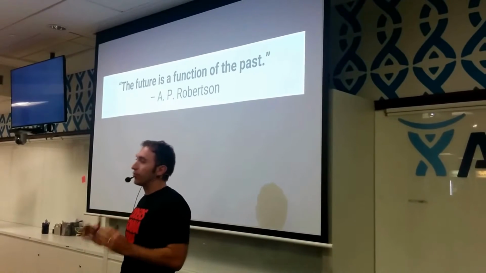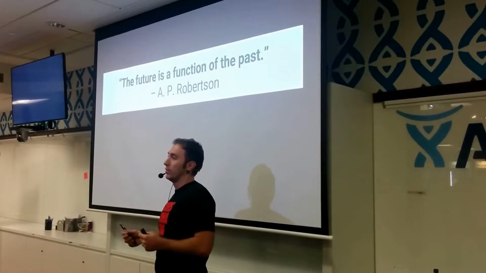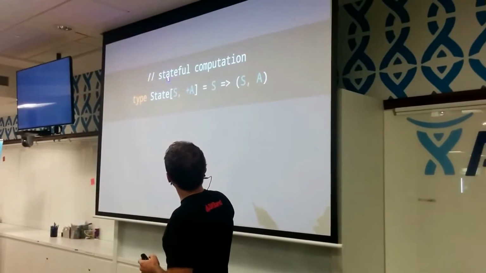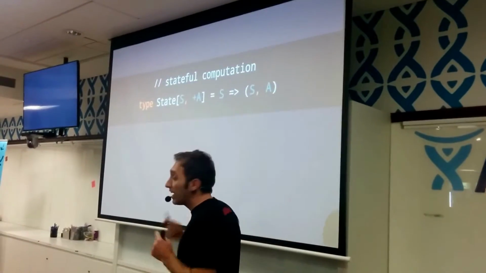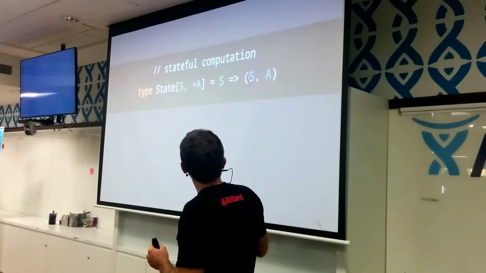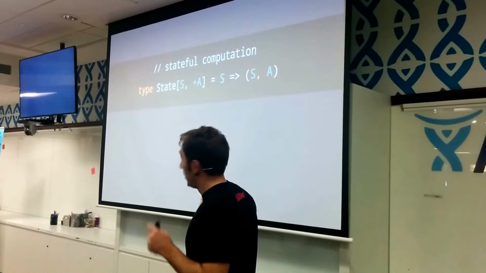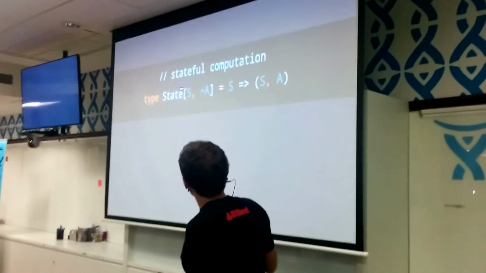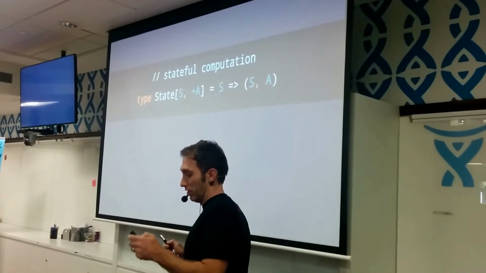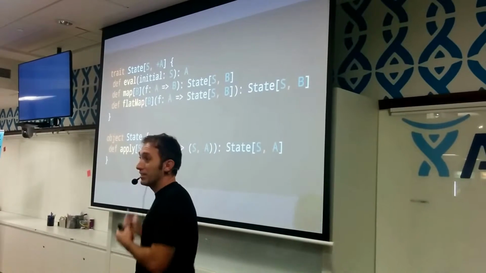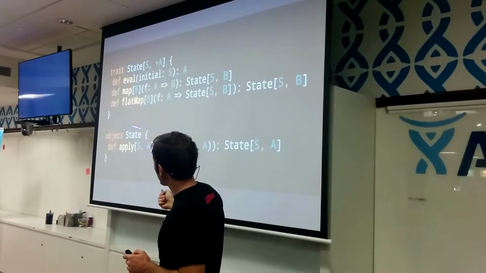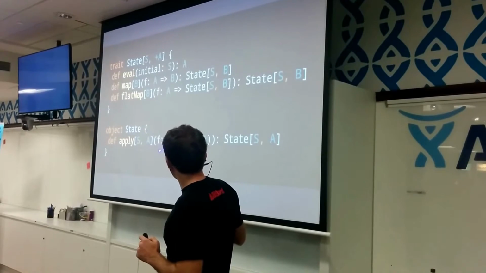We need to think about the simplest way to define a state transition. So if you want to define a stateful computation that brings us from a state S to another state with a value, this is a possible implementation, and we can call this State. Bear with me. This is a simple implementation of the state monad. And if you look at the companion object, that function is in here.